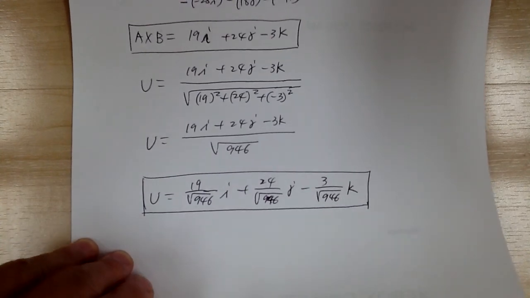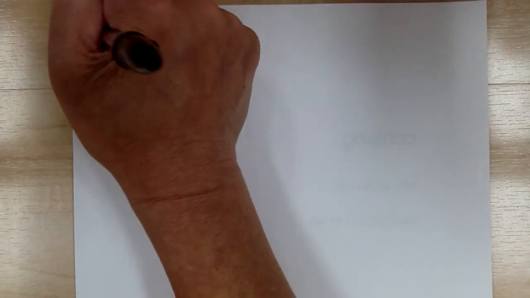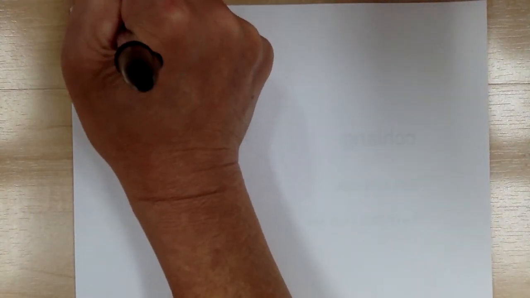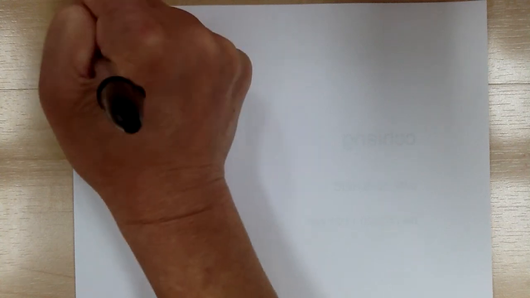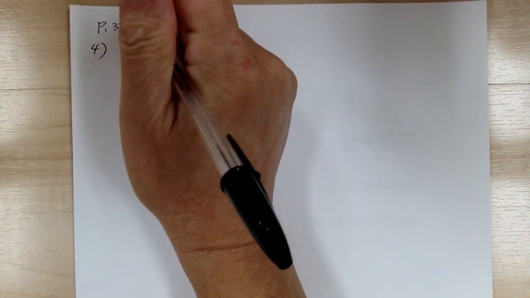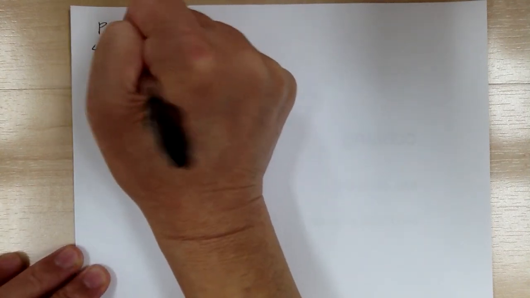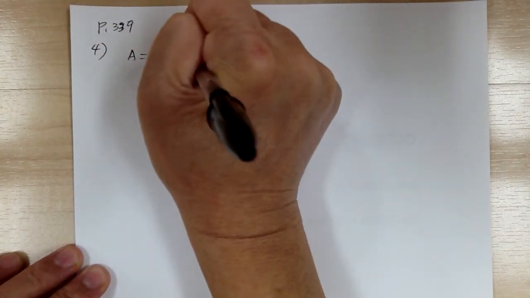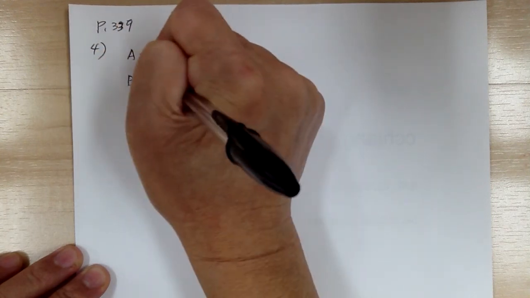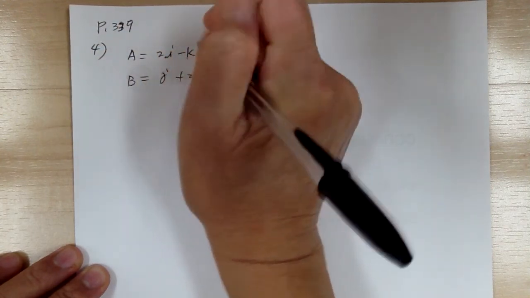Okay, let's go to number 4. Same type of problem. You have A equal to 2i minus k, B equal to j plus 2k.